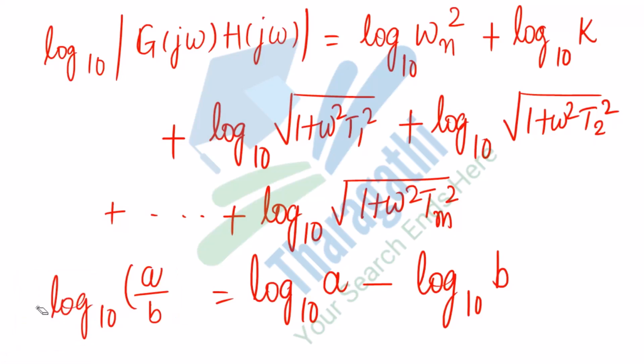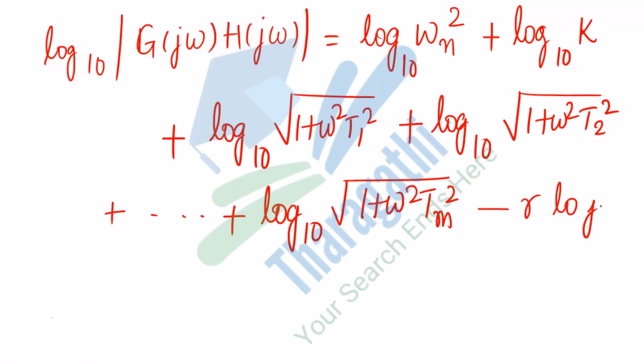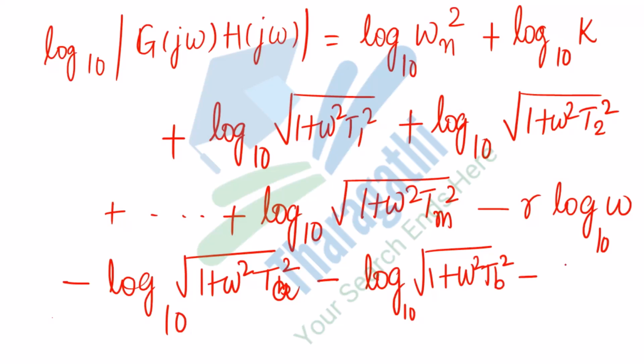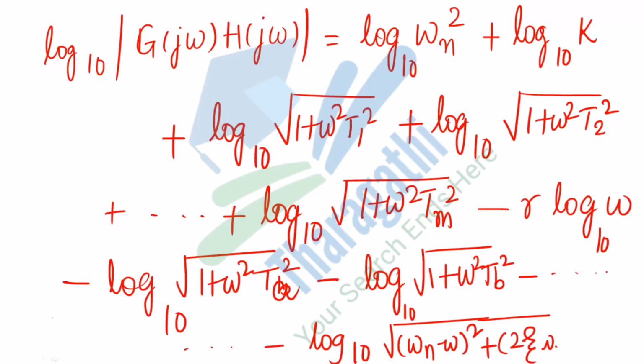So the denominator terms of modulus of G(jω)H(jω) can be written as minus r into log ω, minus log to the base 10 under root 1 plus ω squared Ta squared, minus log to the base 10 under root 1 plus ω squared Tb squared, minus so on, minus log to the base 10 square root of (ωn minus ω squared) plus (2ζωn into ω) whole squared. So this is the logarithm to the base 10.